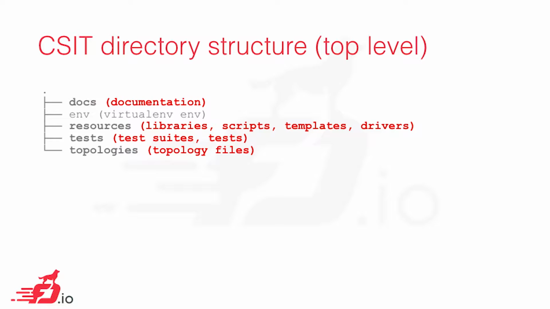There you can find the robot files. The robot files are using the resources, which are the libraries and the templates. And then the topologies, where you can find the YAML files defining how the topology looks. So the tests are using the topology files to basically get the information about the topology and read how the nodes are connected.